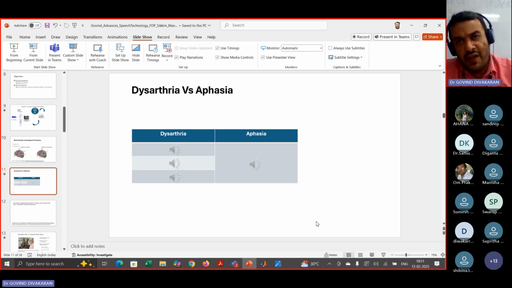So accordingly we can suggest certain techniques or speech processing methods to make that particular speech closer to the normal speech.